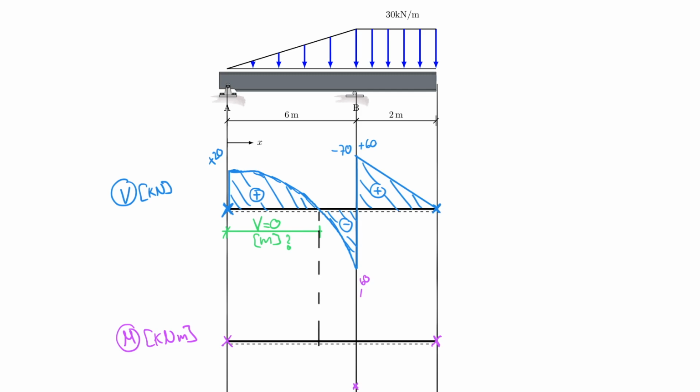And again, I have a very high slope, and then the slope gets less and less until the slope reaches 0. So what that means is I start out with a high slope, I have a little bit less slope, I have less slope, and I have a slope of 0. So my moment diagram in this region must look like this. And now I know that I have a maximum somewhere here.